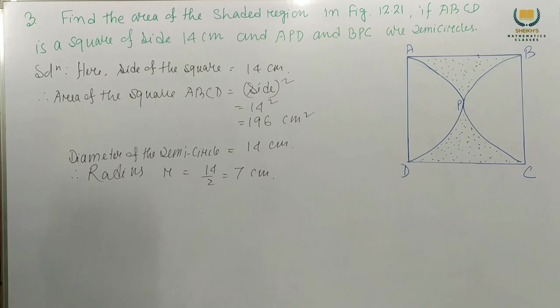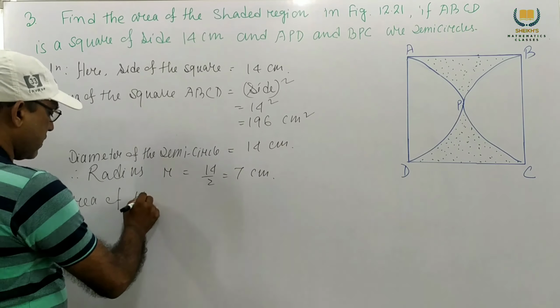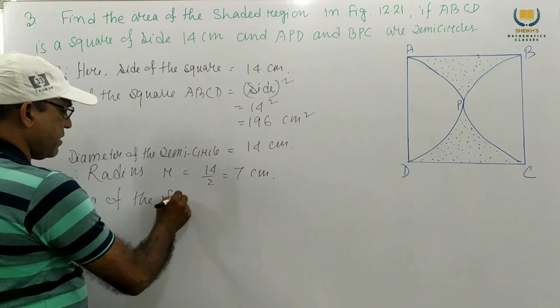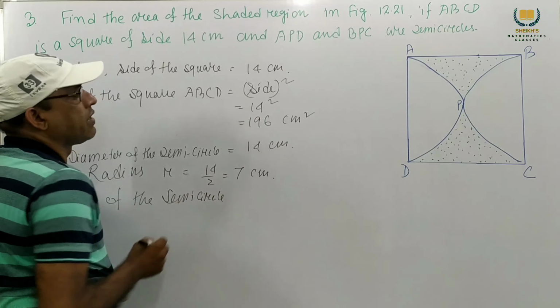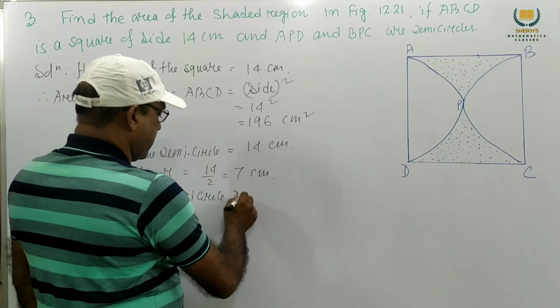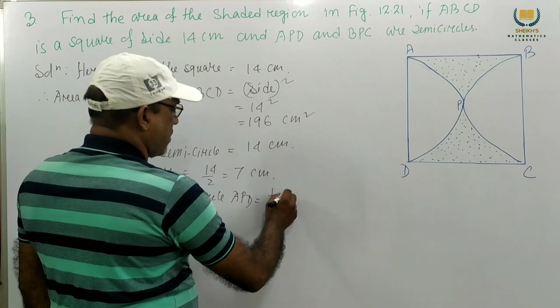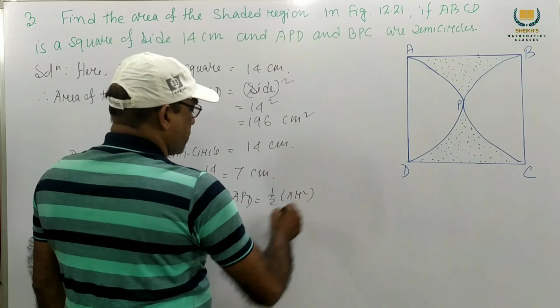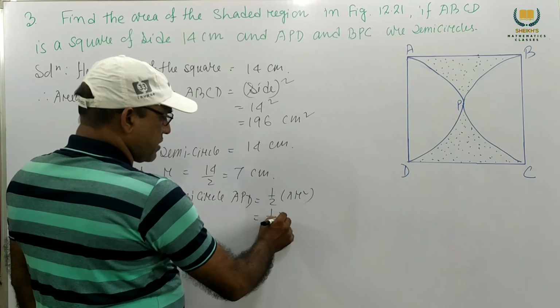Now we have to find the area of the semicircle APD, equal to half pi r square. So half means 1 by 2 remains same, pi means 22 by 7 and r means 7 square.